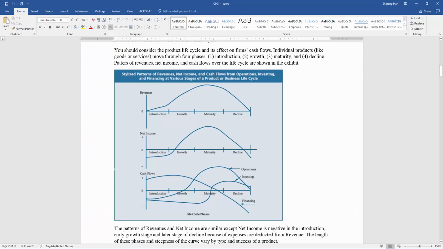Another is a company at its maturity stage. When the company is mature or the product is mature, that means the market share is large, and the company can make decent profits from operation. So its operating cash flow is positive and high.